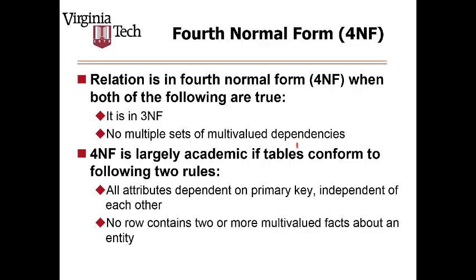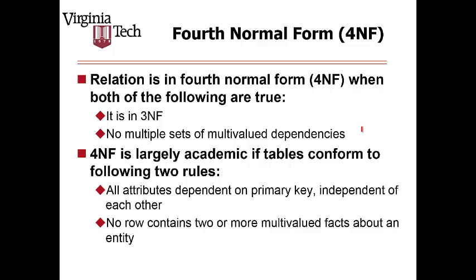Well, fourth normal form is when you have third normal form and no multiple sets of multi-valued dependencies. What happens here is when you're trying to store two different facts in one instance, and the problem is that you can't tell which fact the instance is for.